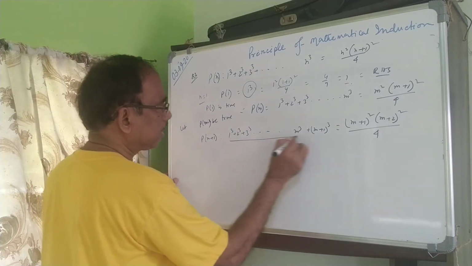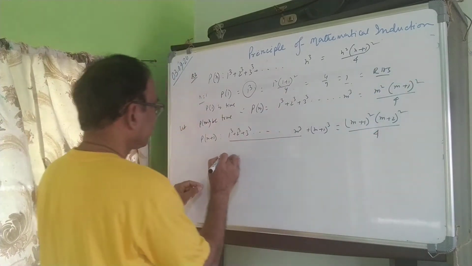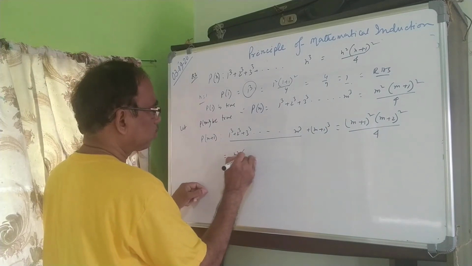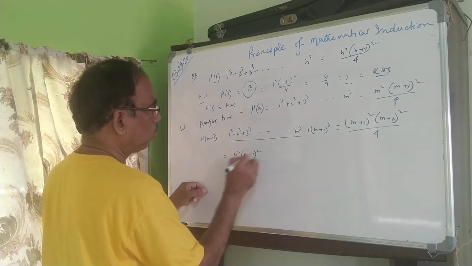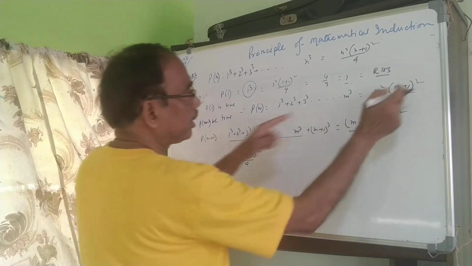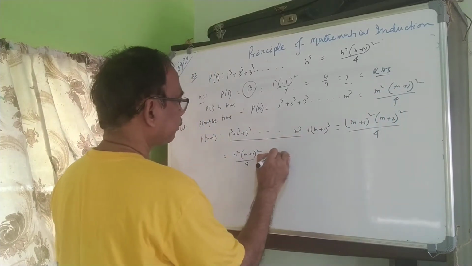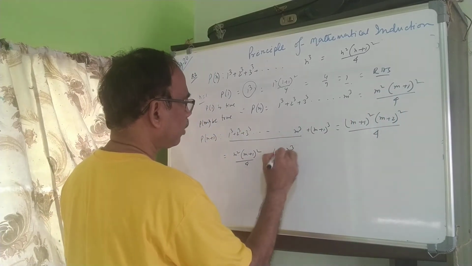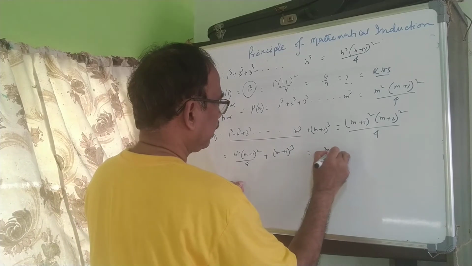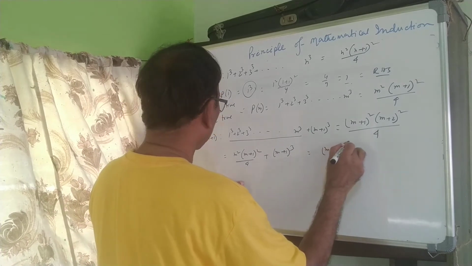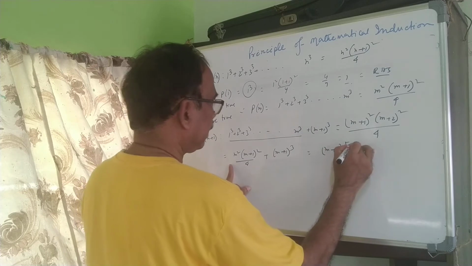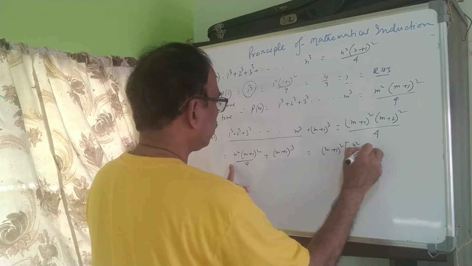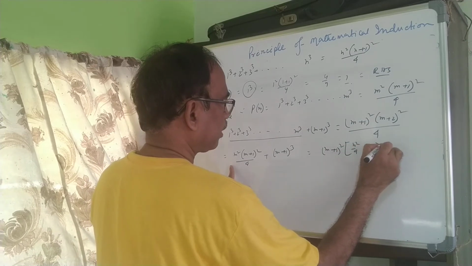Then underline this, its value we know, this equals m square (m plus 1) whole square by 4, its value is this, plus (m plus 1) whole cube. We can take (m plus 1) whole square common from these two, that is m square by 4 plus (m plus 1).